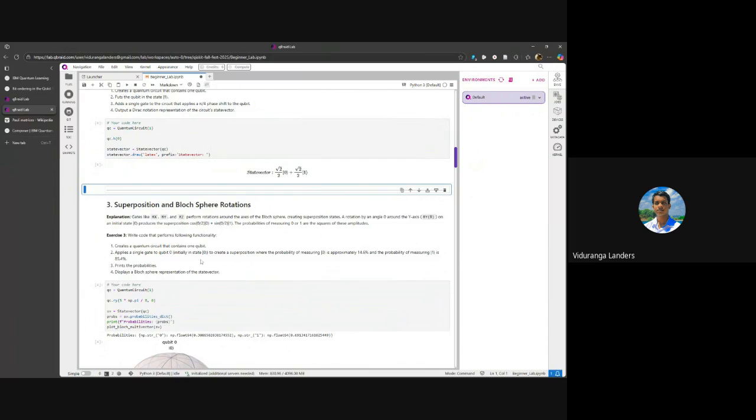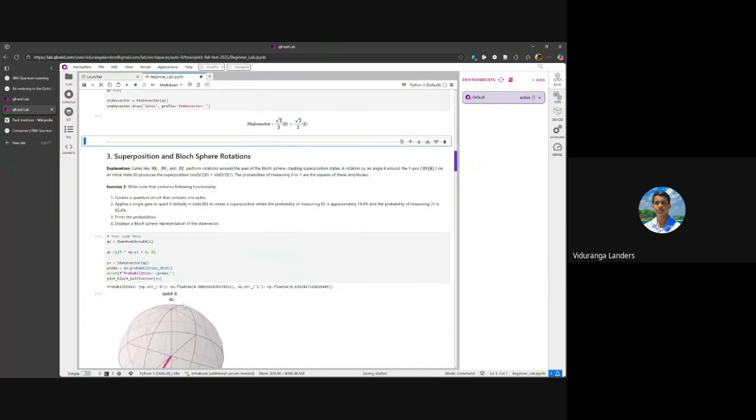Here, what you are asked to do is basically that. You want a state that is approximately 14.6% measuring the 0 state, and the rest measuring 1. I'm not doing that one here. I'm doing a different one, but you can find out how to do this.